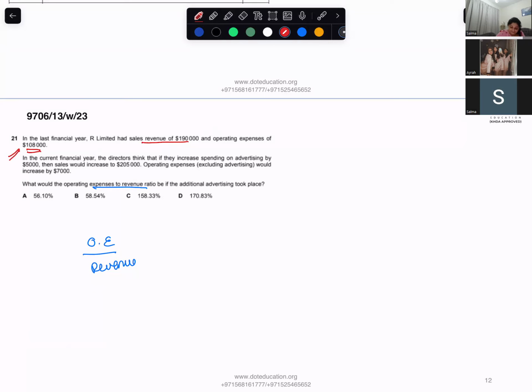In the current financial year, the directors think that if they increase spending on advertising by $5,000, the sales would increase to $205,000. Operating expenses, excluding advertising, would increase by $7,000. So operating expenses would be 108,000 plus 5,000, and sales would increase to 205,000.